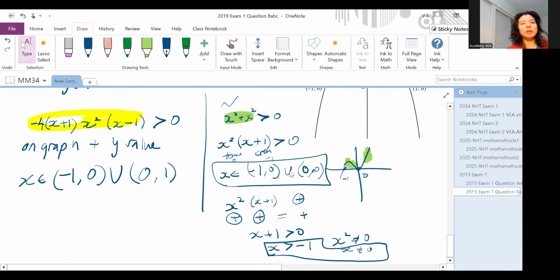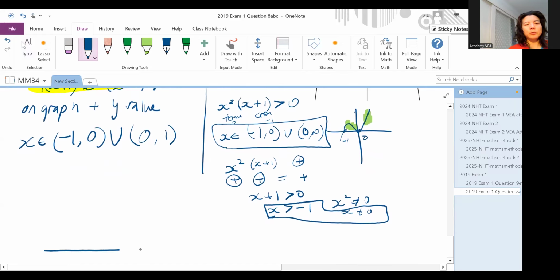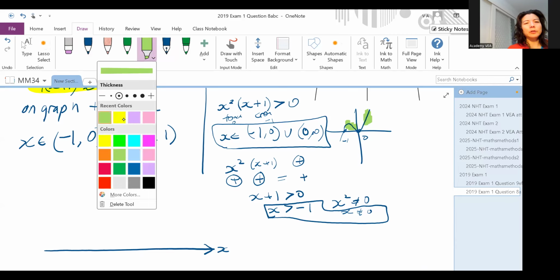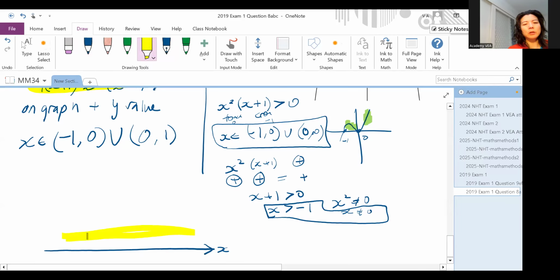So then if you combine them together and see where the overlap is, let's put our x's here. Our domain for the first bit, which goes here, will be between -1, 0, and 1. And it's basically holes at that point and then connected between there.